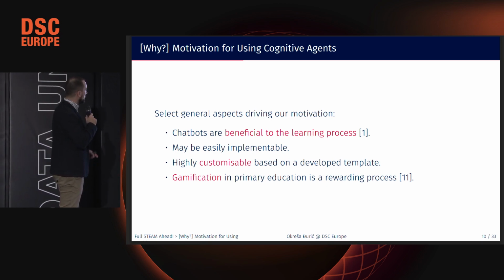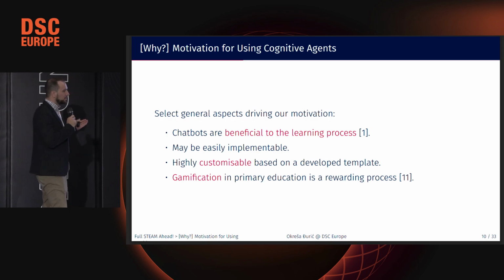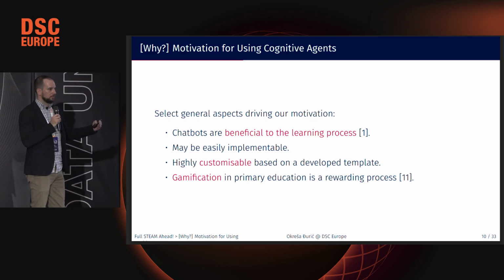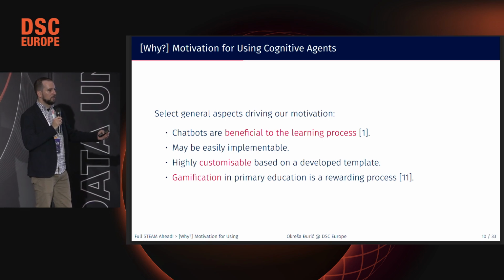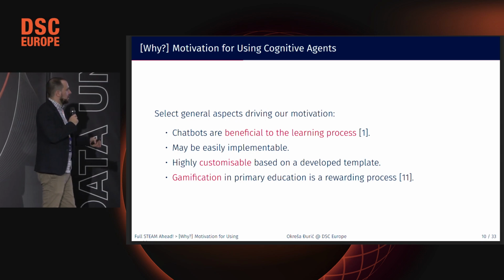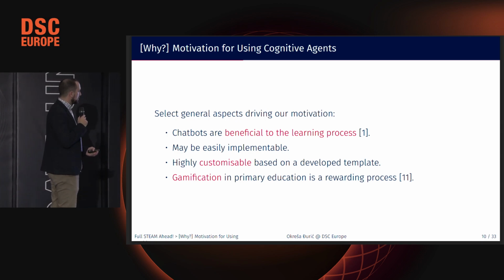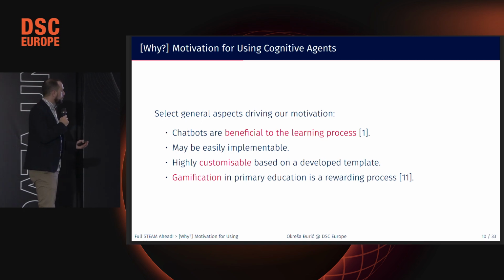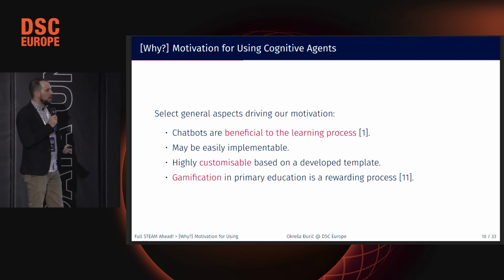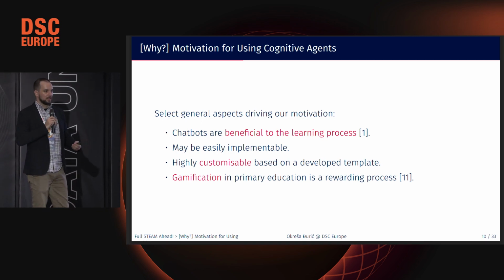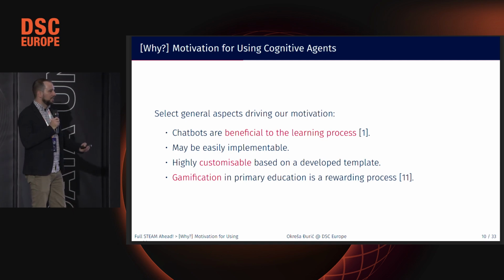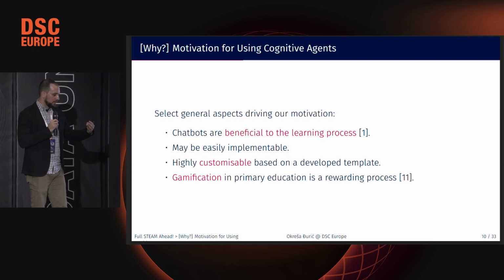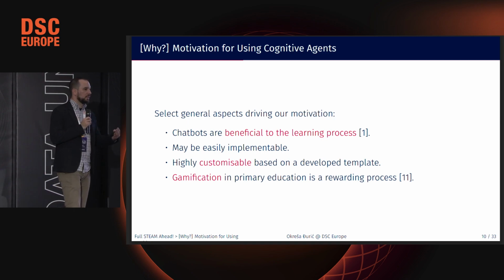Then they may be easily implementable, especially in the context of recently available APIs or large language models. And of course, we can highly customize the agent, or the context and the content that it basically can think or work with.